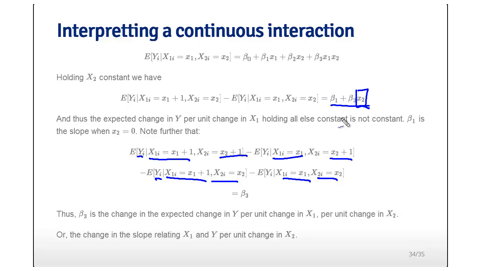Subtract those two. This top one is beta 1 plus beta 3 times x2 plus 1, and this bottom one is beta 1 plus beta 3 x2, and so if you subtract those two, you just get beta 3.